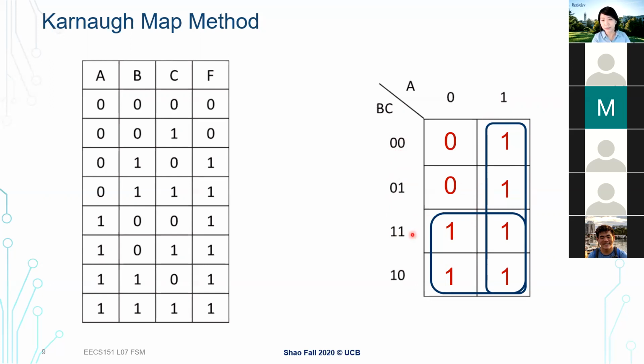So in this square circle, we only need B. Basically, we can simplify all the way to B. And in this skinny circle, we can simplify all the way to A. So for this gate, if we write our sum of product terms, the product terms eventually turn into A and B. For this 1x4 group, it's A. For this 2x2 group, it's B.